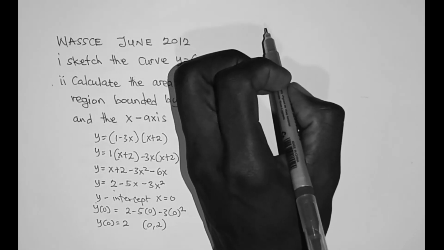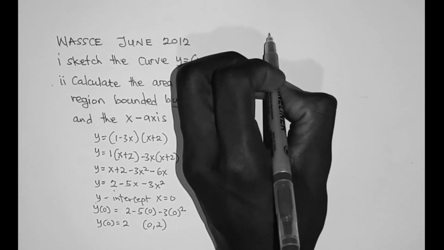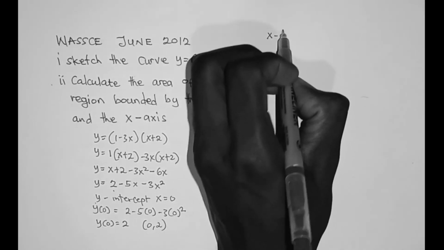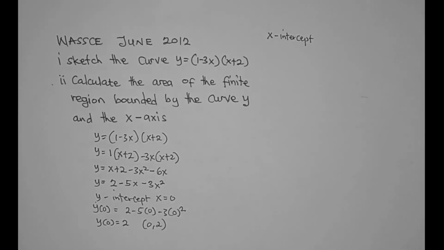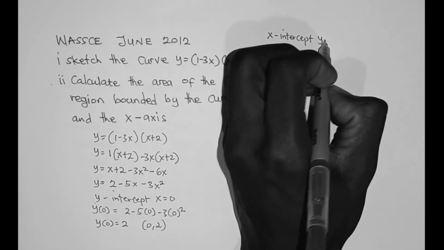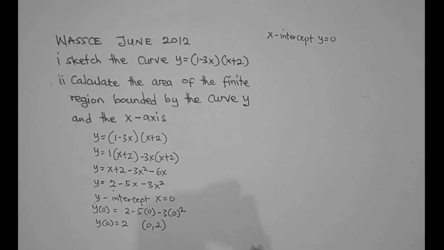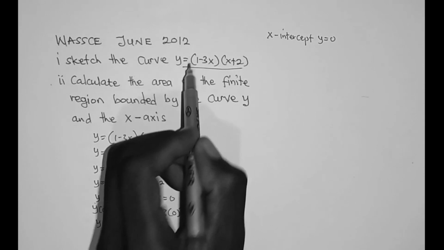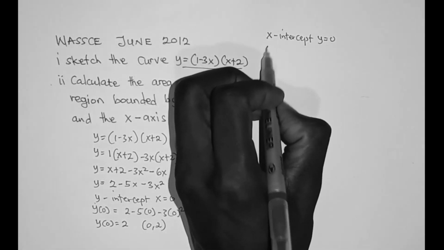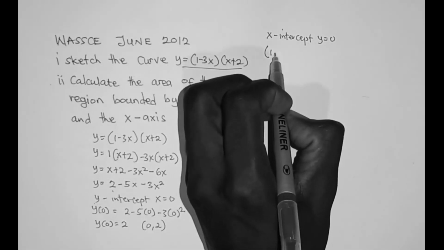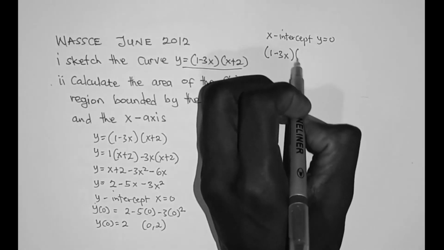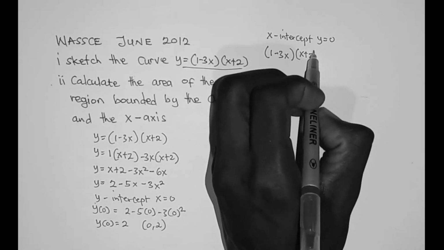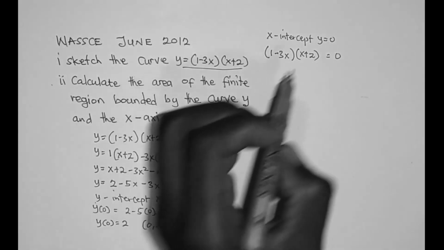So let me continue from here. Let's find the x-intercept. And then for the x-intercept, y is equal to 0. So we take all of this function and equate it to 0, which is into bracket 1 minus 3x, then times into another bracket x plus 2 is equal to 0.